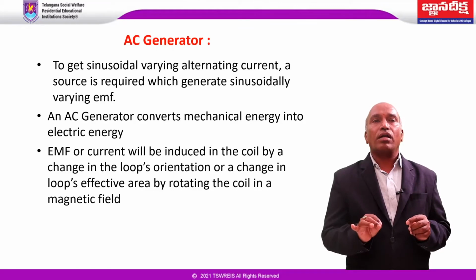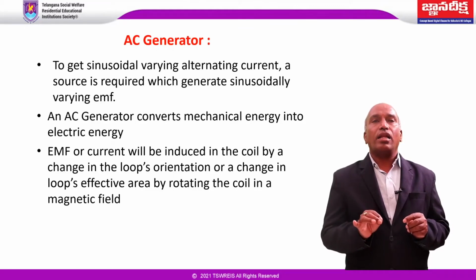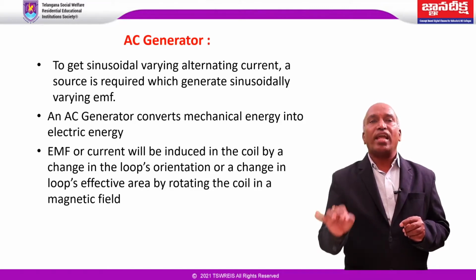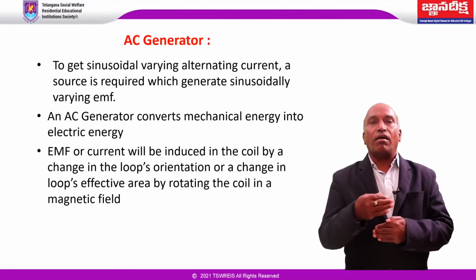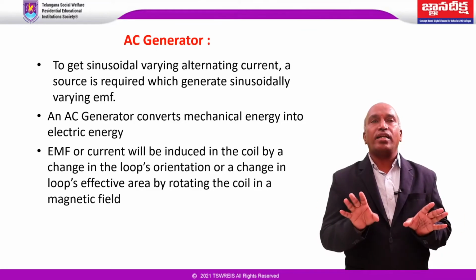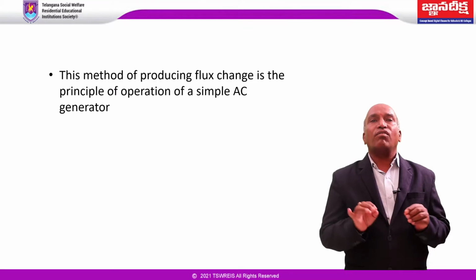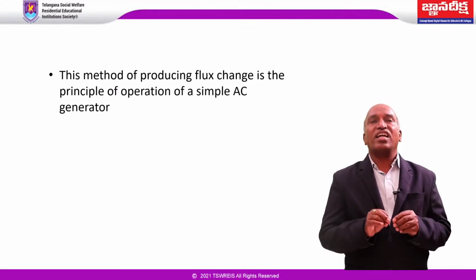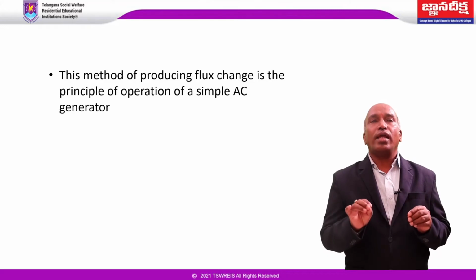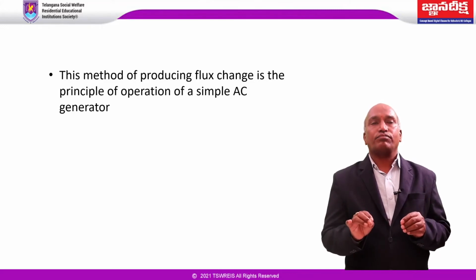EMF or current will be induced in the coil by a change in the loop's orientation or a change in the loop's effective area by rotating the coil in a magnetic field. This method of producing flux change is the principle of operation of a simple AC generator.